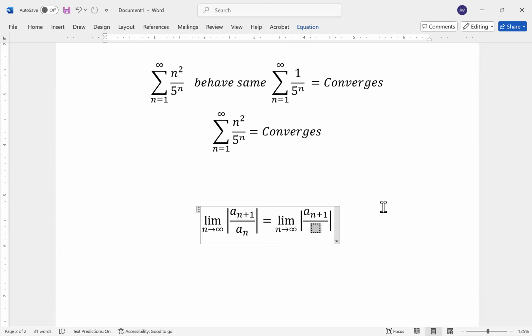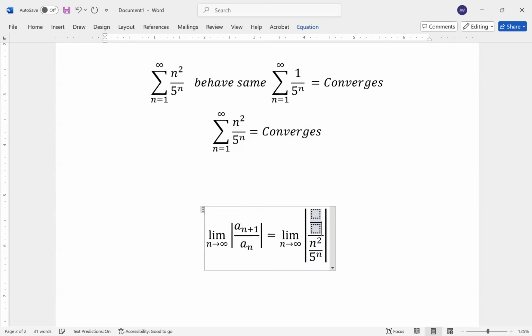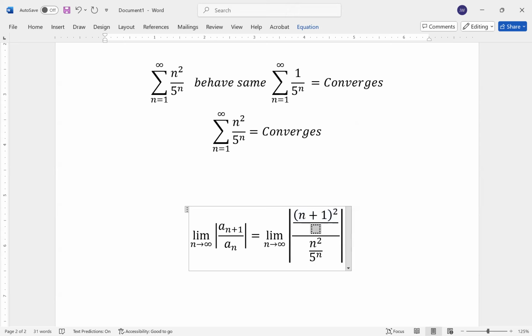So a sub n, the nth term in my infinite series, is n squared divided by 5 to the n. A sub n plus 1 is going to be n plus 1 quantity squared divided by 5 to the n plus 1, n plus 1 in the exponent.